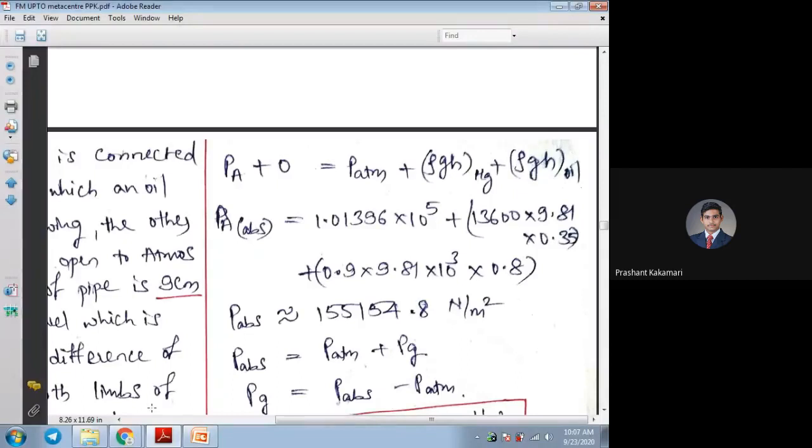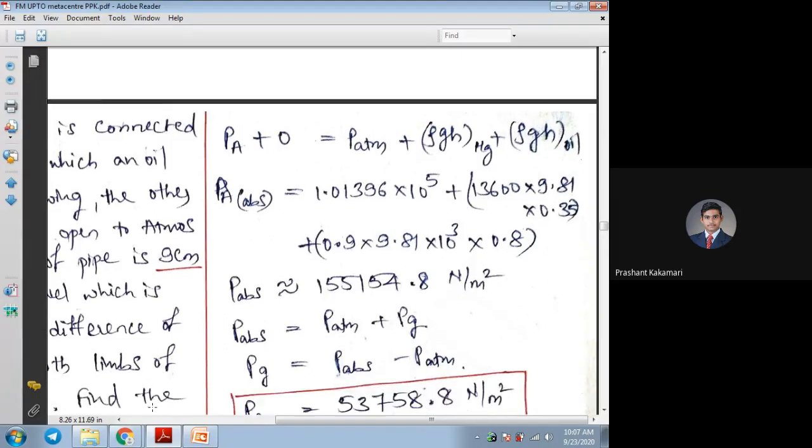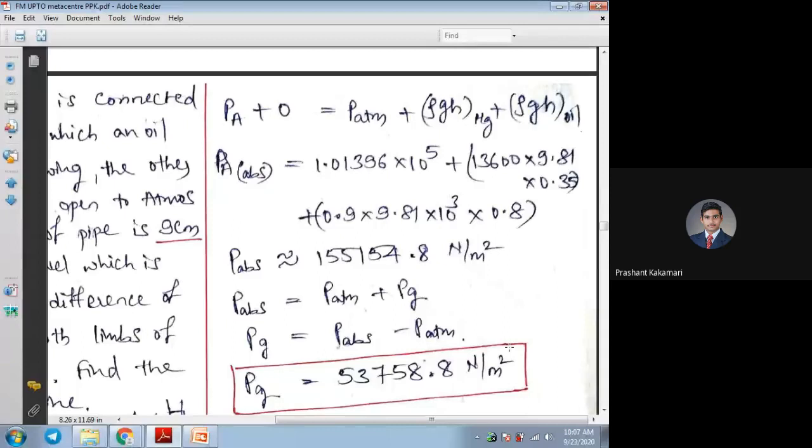This pressure is with respect to atmosphere, or zero gauge pressure. If you consider zero pressure or vacuum pressure, then we can call it absolute pressure. With respect to atmosphere, we need to subtract that atmospheric pressure.